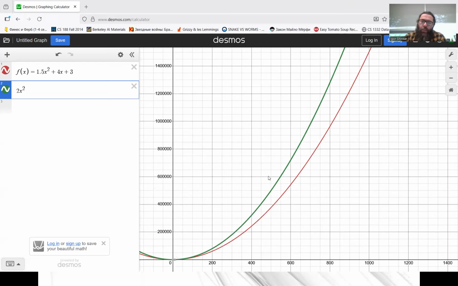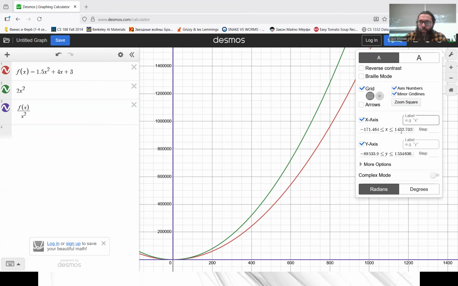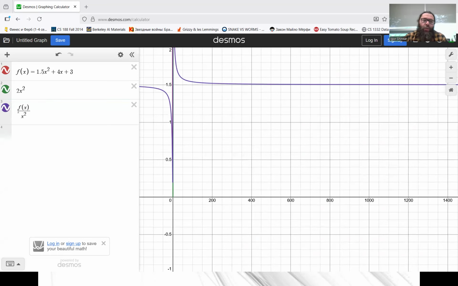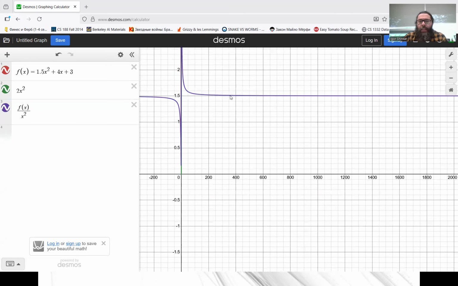But if we take x to be large enough, we take n to be large enough, then f is always upper bounded by 2 times x squared. In other words, if I take f and divide it by x squared, look at this one, it's always upper bounded by, close to 1.5.